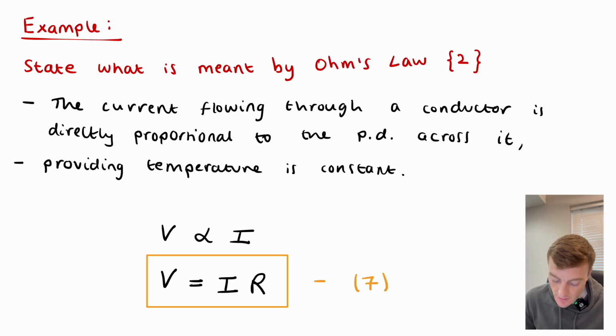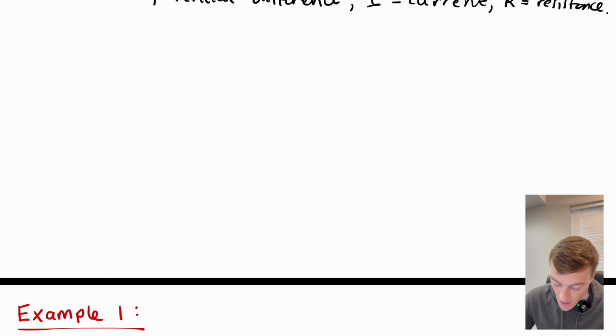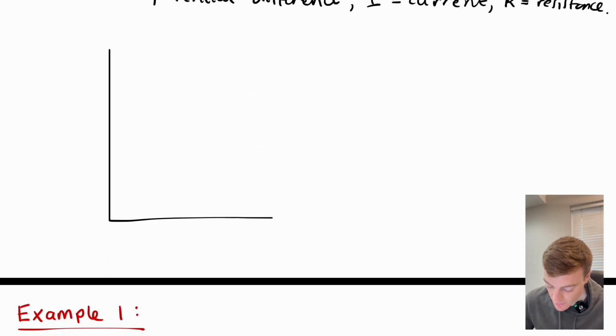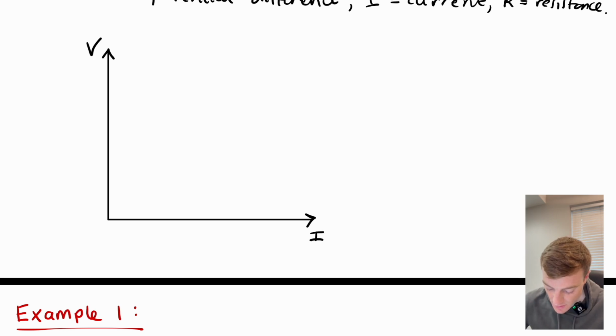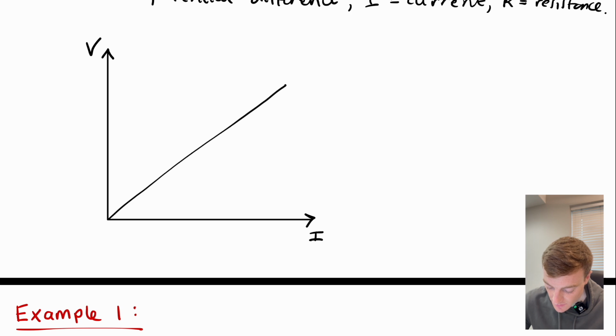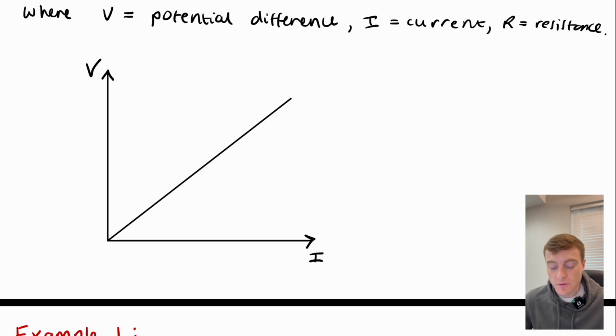So what does it mean current is directly proportional to potential difference? Well, if current increases, then potential difference will increase by the same amount. So graphically, if I draw current versus potential difference on a graph, we can put current on the x-axis, potential difference on the y-axis. The graph will be a straight line, and we can see this from the formula for a straight line.